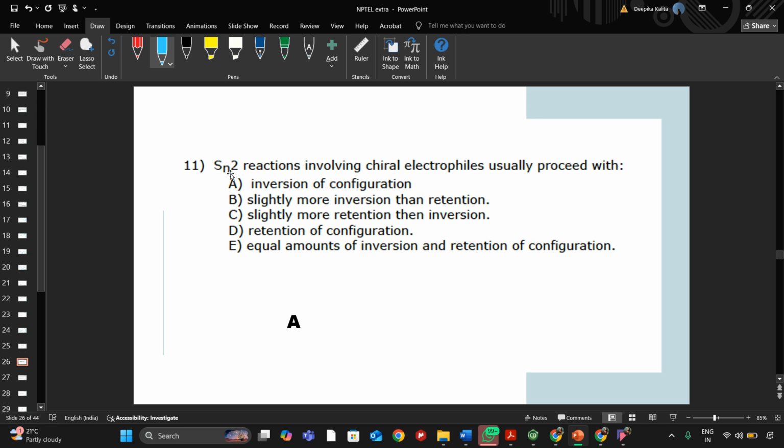But in case of SN2, there is no reaction intermediate involved. It is a concerted process and we get inversion of configuration. So option A is going to be the correct option.